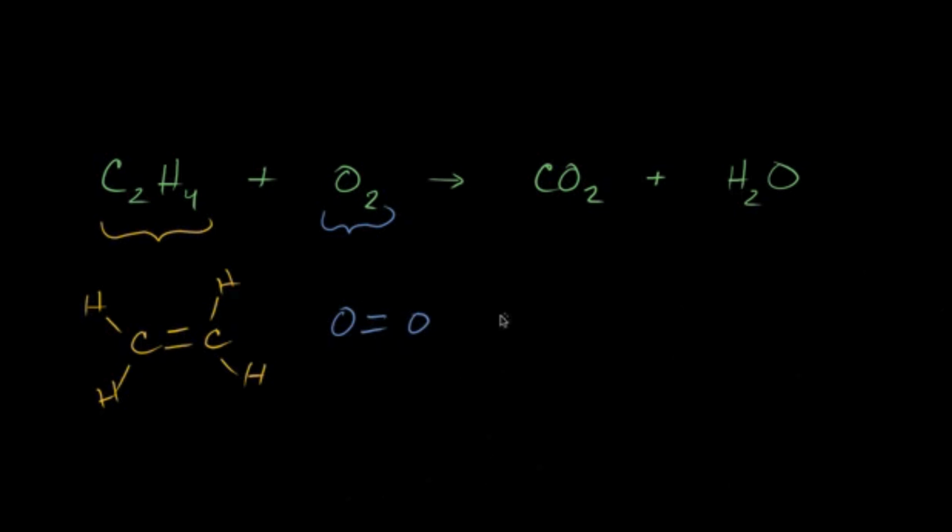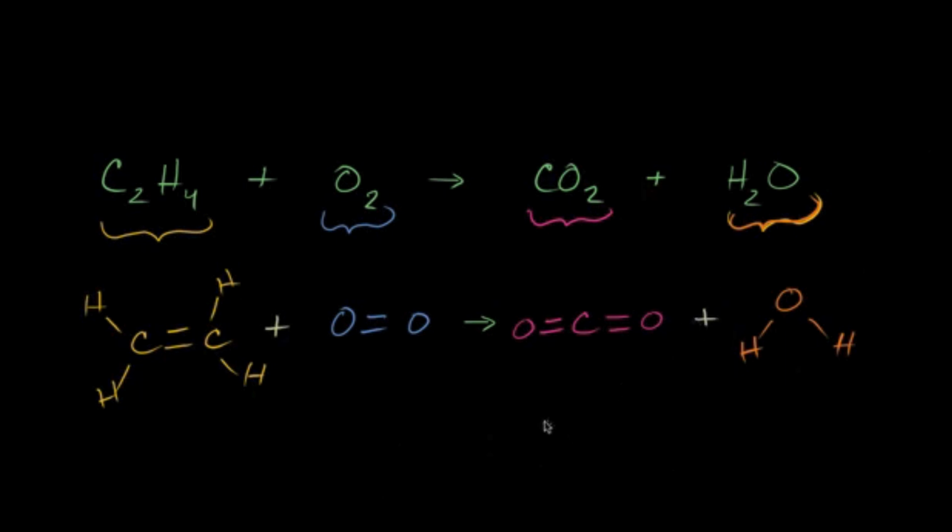Then you have carbon dioxide, a carbon double bonded to 2 oxygens, one on each side. And then finally, you have water, let me do this in a different color. Your water right over here is an oxygen bonded to 2 hydrogens. So let me write the plus signs there.